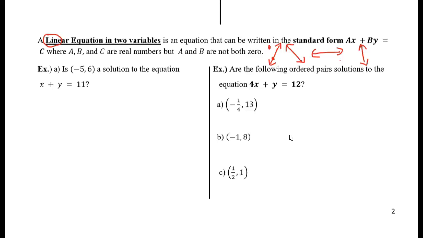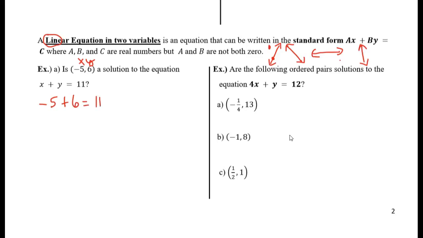Well, how do we algebraically determine whether or not it's a solution? Ordered pairs always go x, y. So we just plug in the values for each into our linear equation to see if it forms a true statement or not. So in this case, x is -5, and y I'm going to replace with 6, and see if this ends up being true.